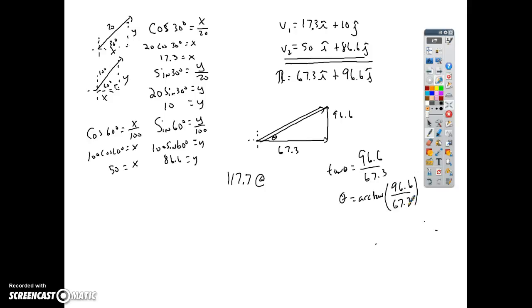Remember to use your parentheses, otherwise your calculator will do the tangent of 96.6 and divide the whole thing by 67.3. That's no good. Arc tan, arc answer, and I get 55.1 degrees. Can everybody do this now? Yes. Excellent. We got one more problem to do on this page.